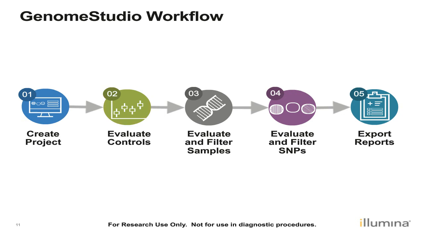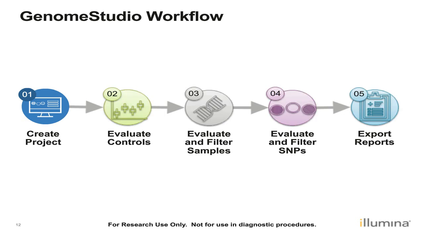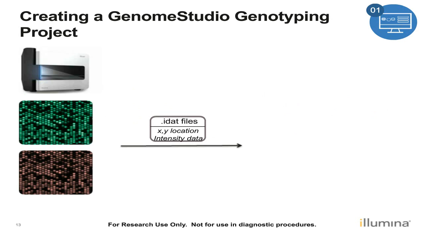First, I'll go over how to create a project in GenomeStudio. You have your scanner, which scans the BeadChip, and it generates red and green IDAT files for each channel. The IDAT files contain the XY location and intensity data, and this is a required file.